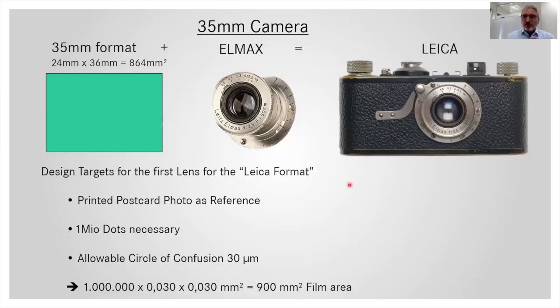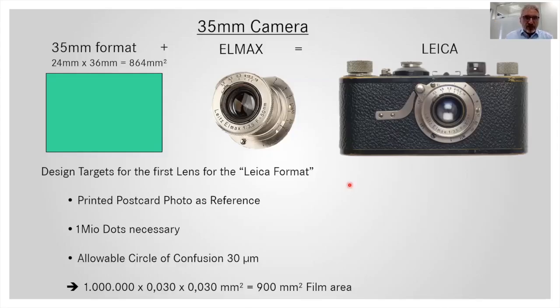And they said the design targets were defined in a very simple way. They took a postcard, a black and white postcard, where you can see a black and white picture, and they counted the dots. How many dots do we need to get a perfect postcard image? And they came to the conclusion that 1 million dots are necessary to get a good print on a postcard, or a good picture on a postcard.